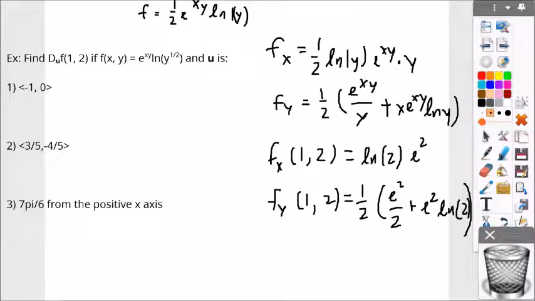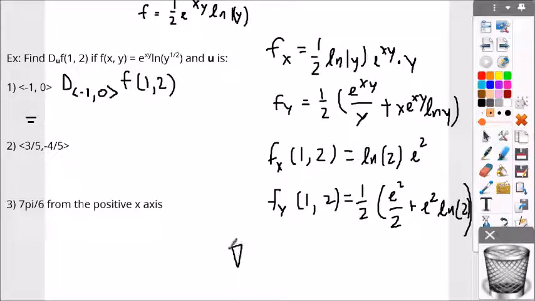So now what? Now we want to find a directional derivative. Let's do number 1 first. So number 1 is the directional derivative in the direction negative 1 comma 0 of f at 1 comma 2. That is equal to the gradient vector, which is f sub x and f sub y.